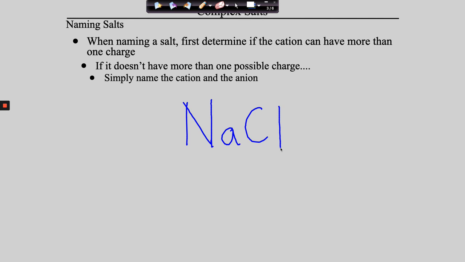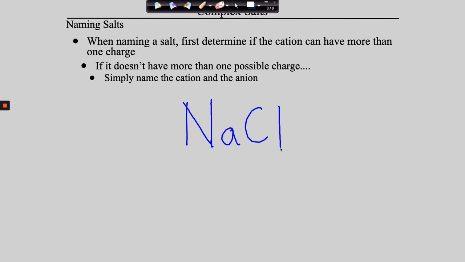Look at sodium on the periodic table, element 11. How many charges can sodium have? One. And it is one, but it can only have one. Therefore, it doesn't need a Roman numeral because it can only be +1. So guys, we don't call this sodium 1 chloride because that's all sodium can be. Does that sentence that you wrote down now make sense?